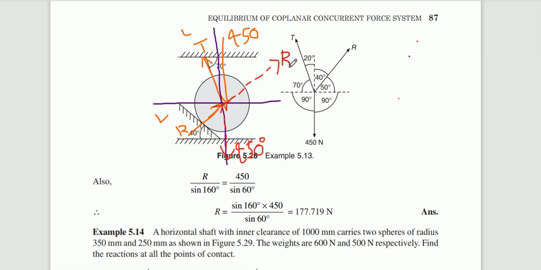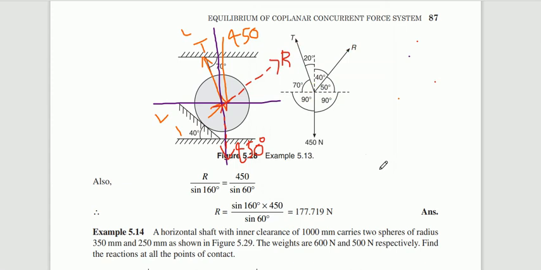What is the inclination of R here? It is 40 degree. With respect to which axis?